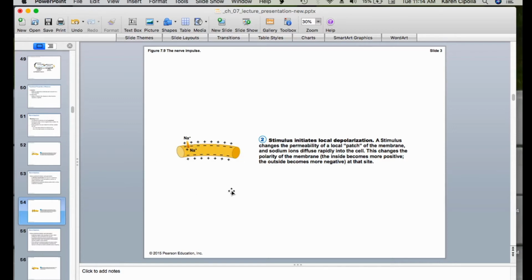This response is an all or nothing response. Once a neuron is stimulated, it travels all the way down that neuron and doesn't stop until it hits the end. Once it hits the end, it releases neurotransmitters so that it activates the next neuron, and then the next neuron will carry the impulse by depolarization to its destination as well.